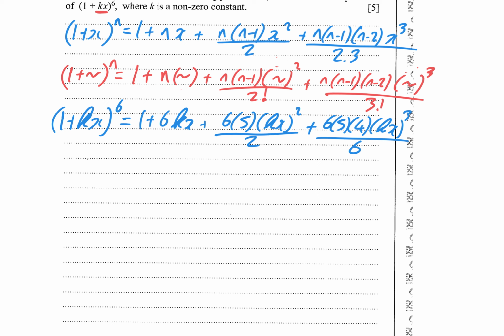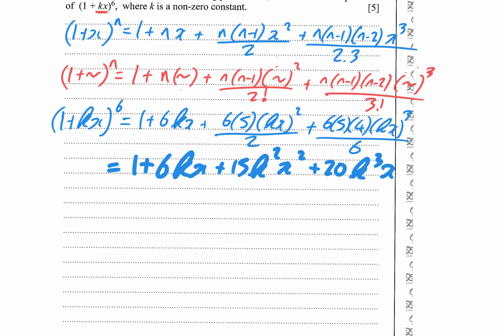You could nearly do this without a calculator. That's just going to be 1 plus 6kx, and then 6 divided by 2 is 3, times 5 is 15, so 15k squared x squared, and then the 6 and the 6 cancel, 5 times 4 is 20, so 20k cubed x cubed. So that's what you've got.